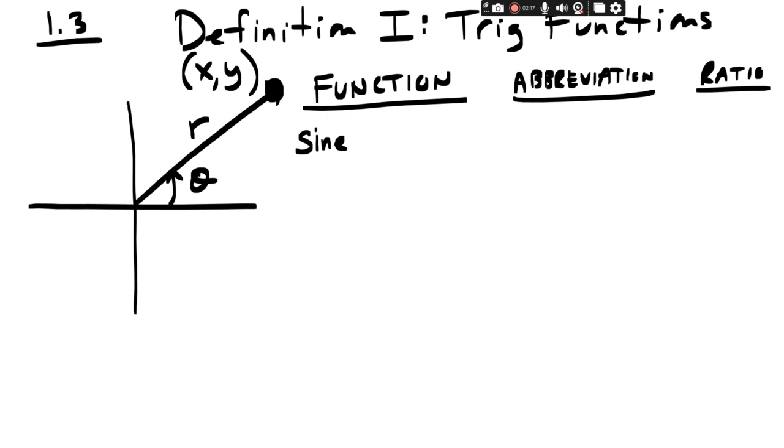So we say sine of theta. Notice the angle measurement is what we are inputting, and the output is going to be some kind of ratio. The best way to abbreviate this is to use the first three letters, sin. It's different, so we still say sine, even though it looks like this.